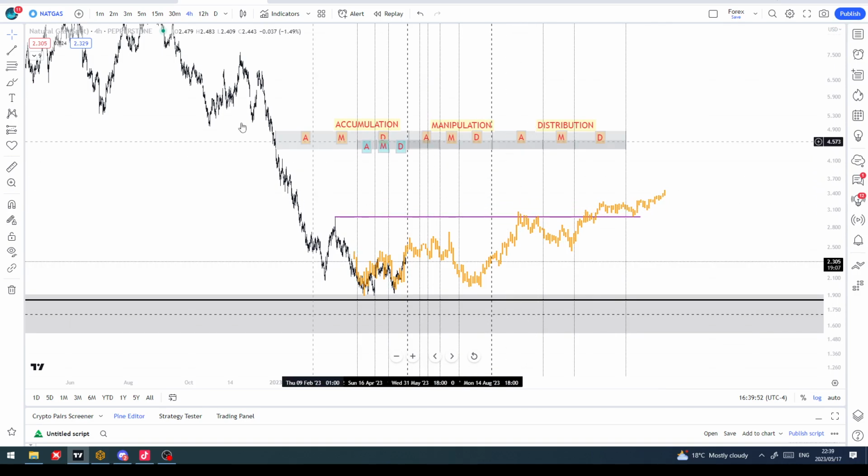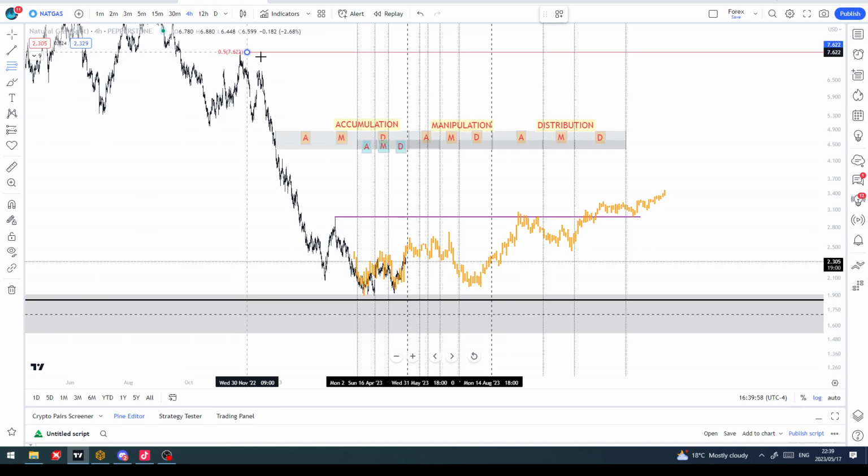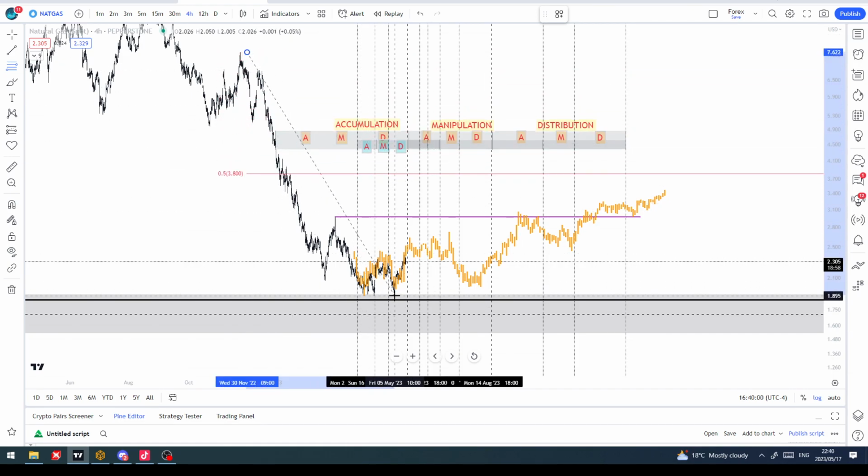Let's see something here from the most recent energetic move down. Let's call it here. So this puts us at about 380 for 50%. Doable.